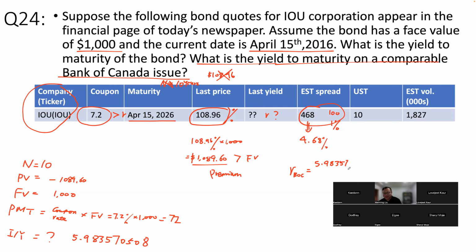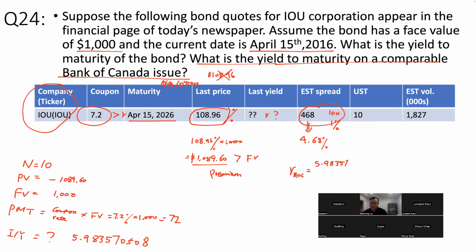But remember, the Bank of Canada is a government bond. If you trust the government of Canada is not going to go bankrupt, there's no risk.